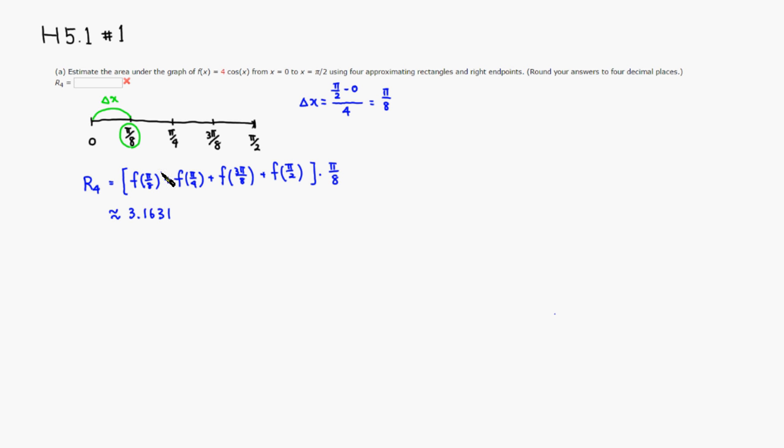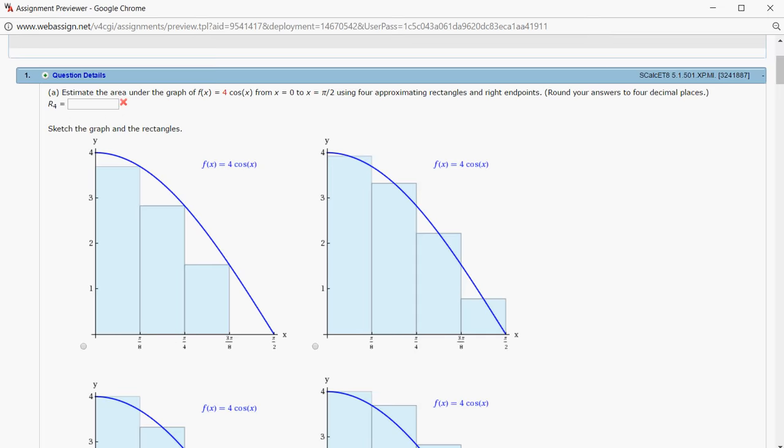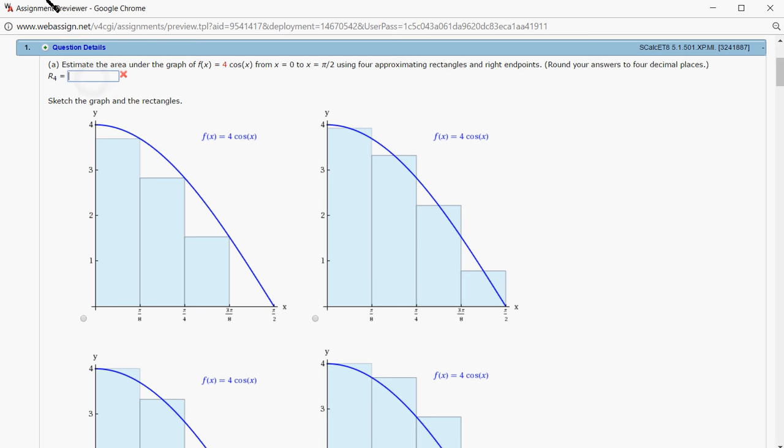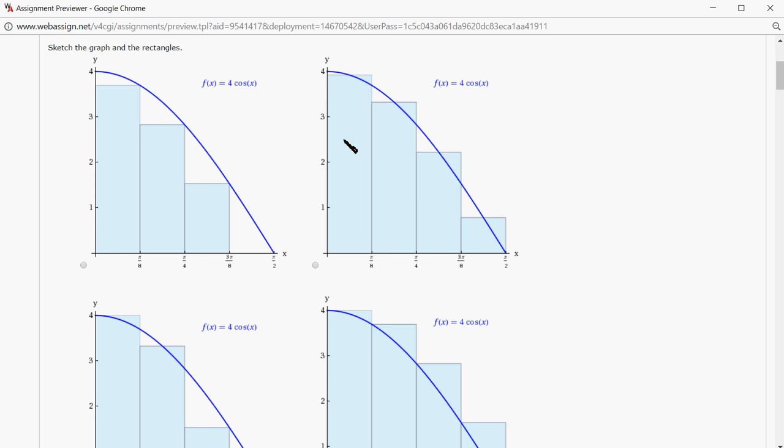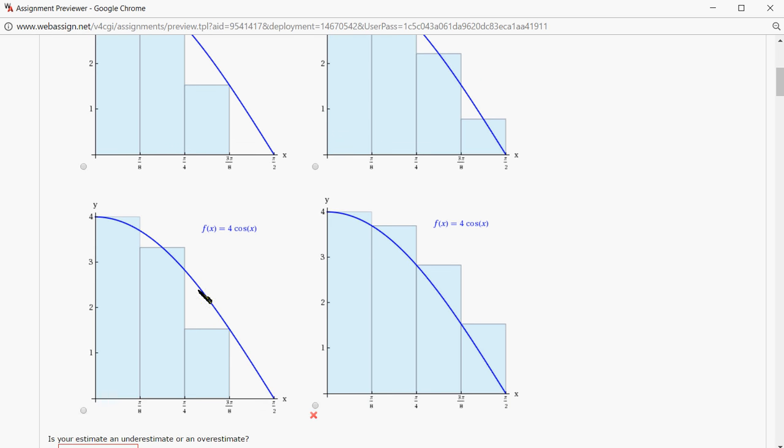Let's type that in: 3.1631. Then the picture is going to be the one using right endpoints. This first one looks good. This one looks like a midpoint, so that's not it. This one is a mixture. This is the left endpoint, so we know that the picture is this one.